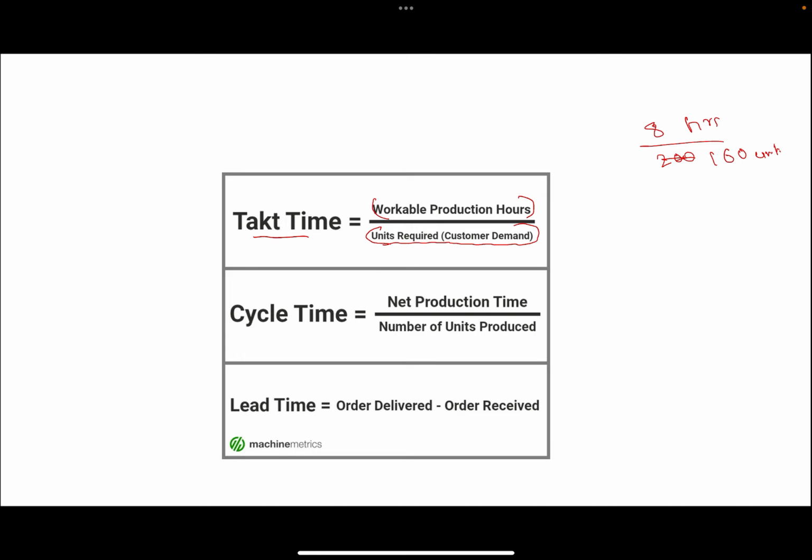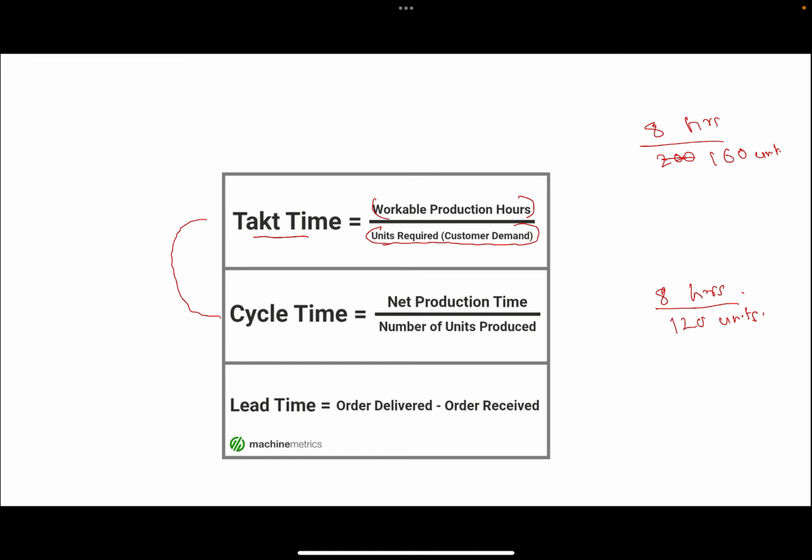Cycle time is the net production time divided by the number of units produced. For example, the net time is 8 hours, and we are producing only 120 units. That is the cycle time. Our aim in line balancing is to make cycle time and takt time equal.